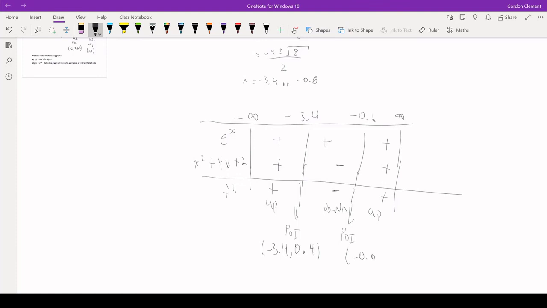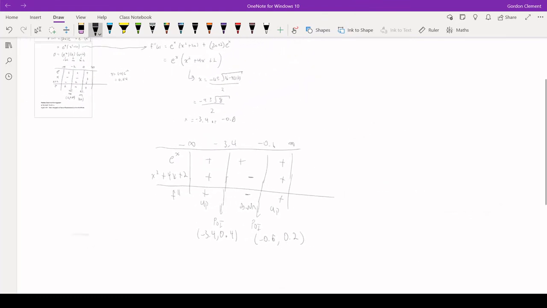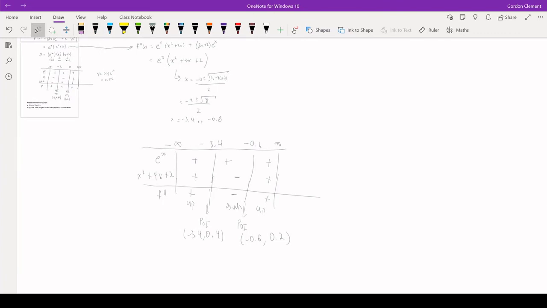And for -0.6, we're going to do e to the -0.6 times 0.6 squared. 0.2, basically 197. So there we go. We've got all of our key points. So I'm going to make a summary table.